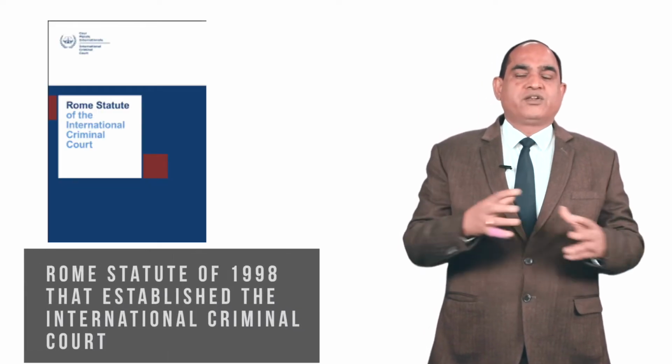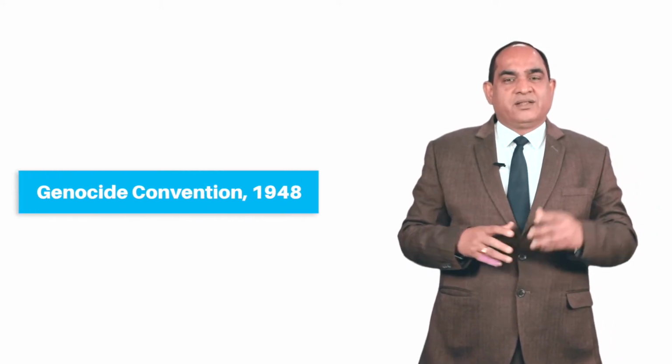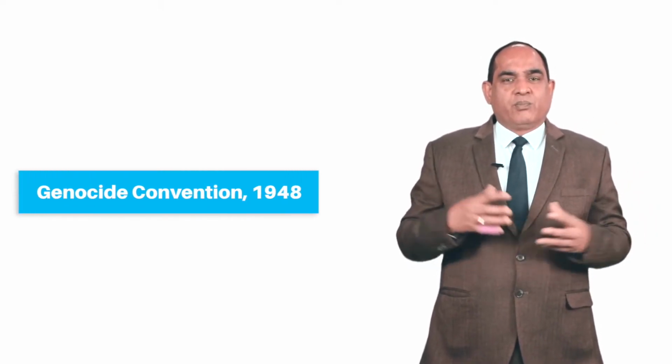Take for instance the Rome Statute for the International Criminal Court. Way back in 1948, the Genocide Convention provided for an international tribunal to try the crime of genocide as and when it was established.